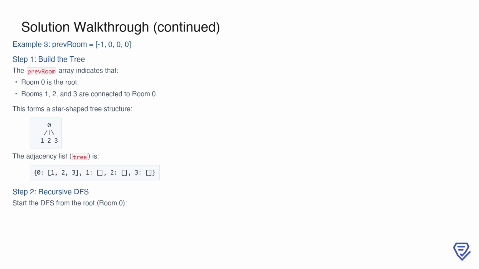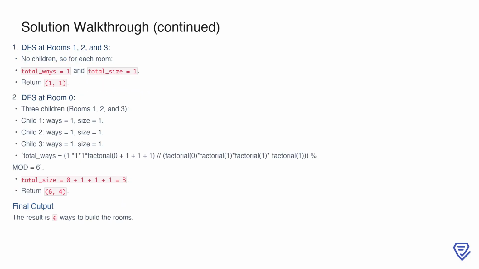Now, let's analyze a third example where the prevRoom array is -1 0 0 0. This forms a star-shaped tree with room 0 as the root and rooms 1, 2, and 3 directly connected to it. In this star-shaped tree, rooms 1, 2, and 3 are leaf nodes. For each of these rooms, since they have no children, their total_ways is 1, and their total_size is 1.